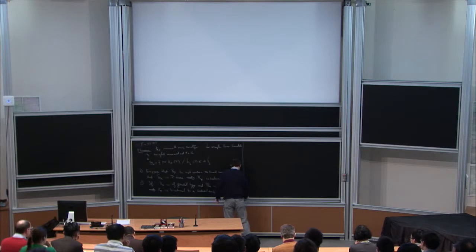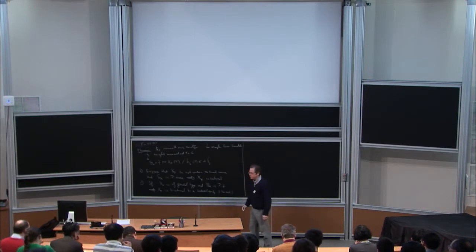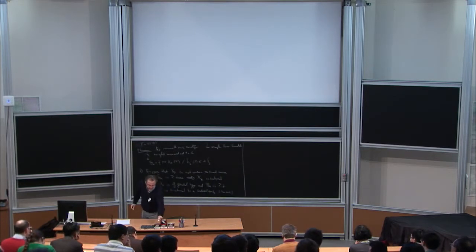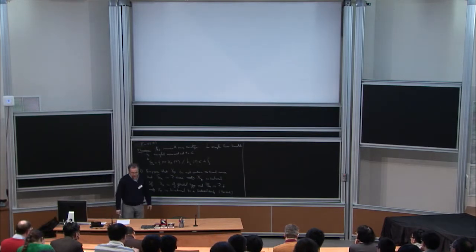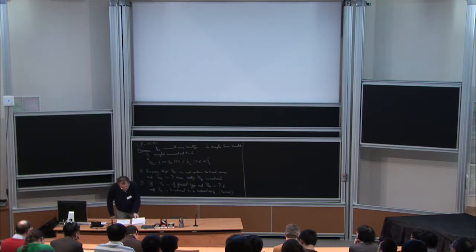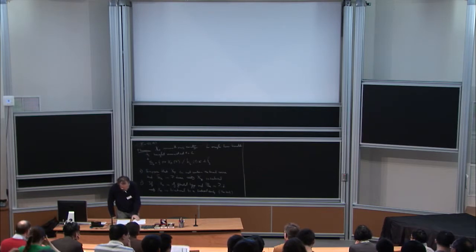So now we have the tool of height theory, and we would like to use it to study the structure of algebraic or rational points on varieties defined over function fields.